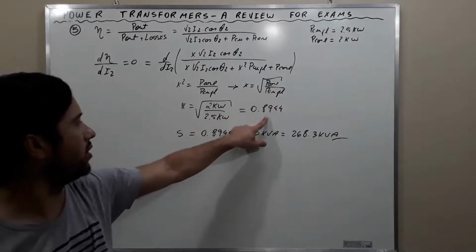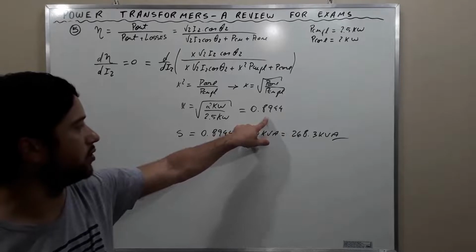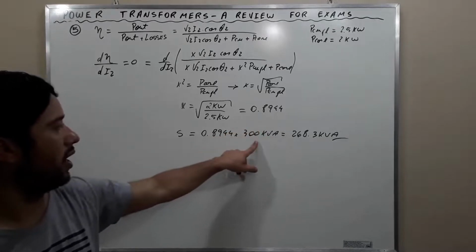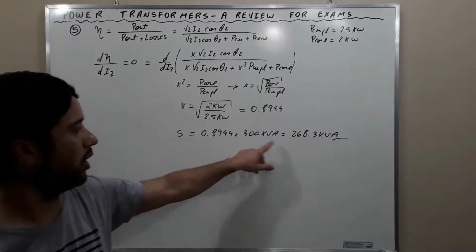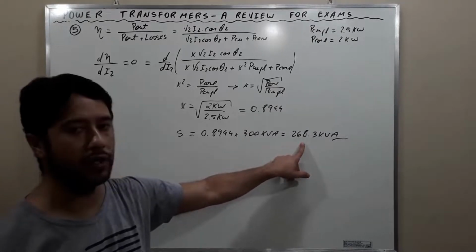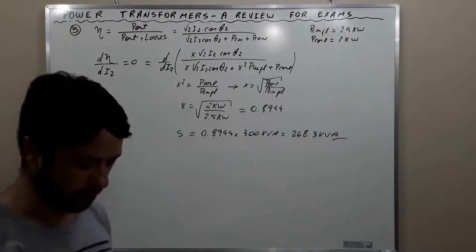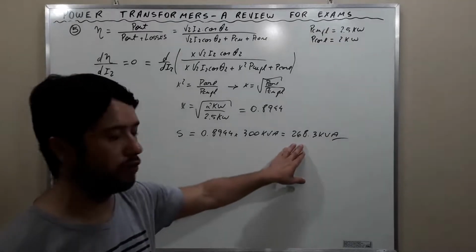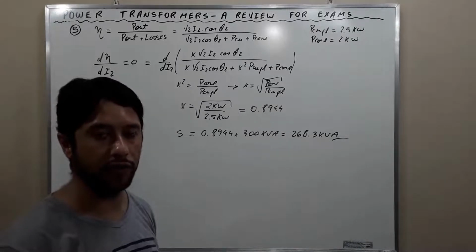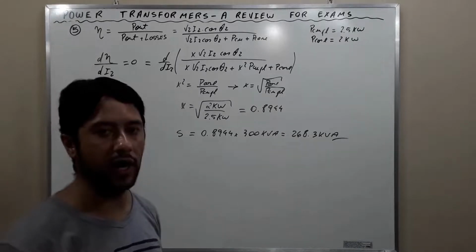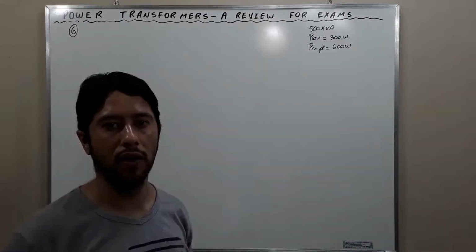We applied this at the power rating of the transformer, and we discovered the load that, if connected, will enable maximum efficiency. With this level of load, the transformer is operating at maximum efficiency. This is all for exercise 5. Let's go to exercise 6.